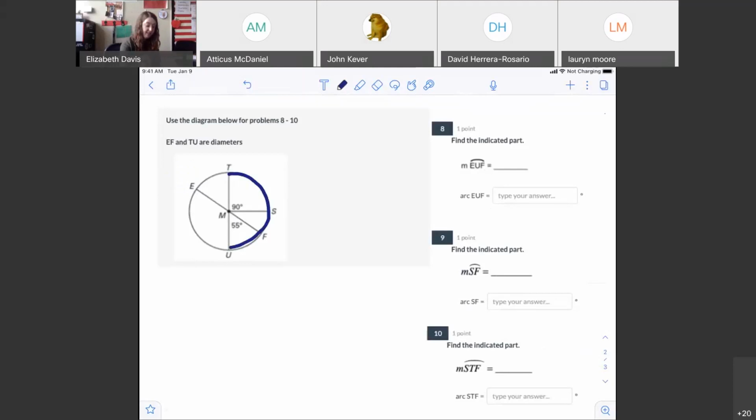So I know this arc is 90 and this arc is 55. If these are all going to add to 180, how much is left for SF? Yeah, good, 35.